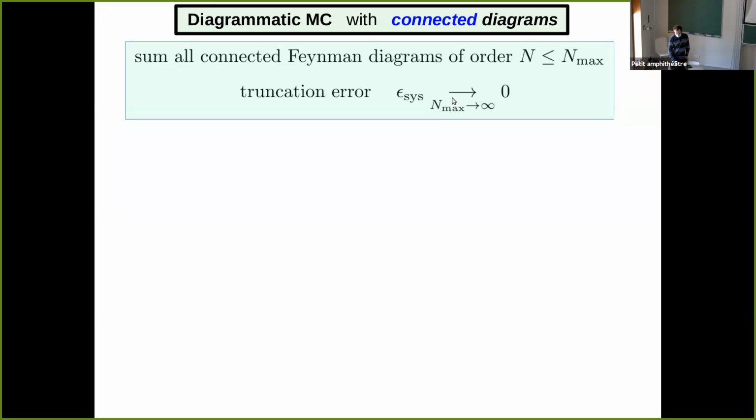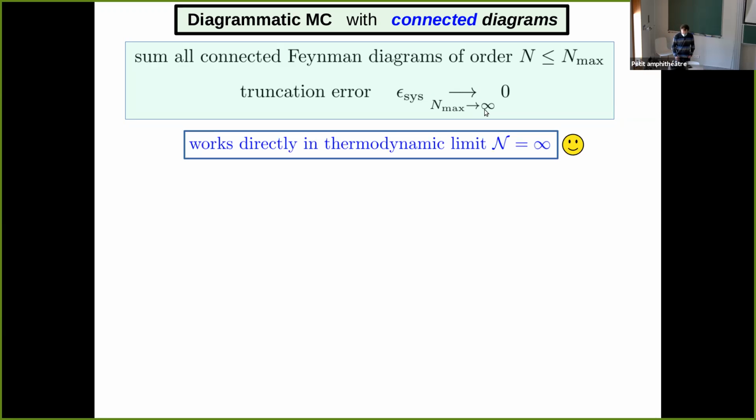And in the limit of infinite n max, the truncation error coming from the fact that we truncated the diagrammatic series at n max will go to 0. This works directly in the thermodynamic limit. I will come back to that. So, of course, we don't have the usual kind of scaling with system size that you have in these bulk QMC approaches.